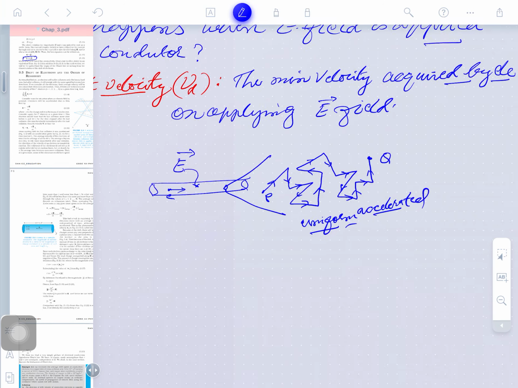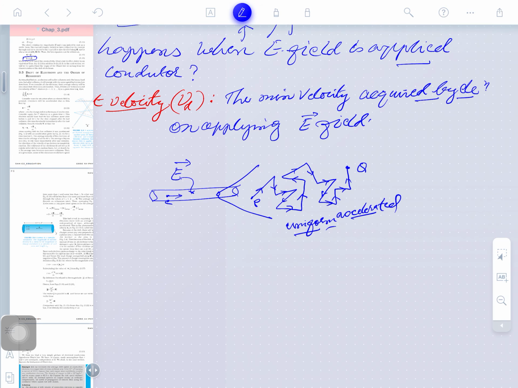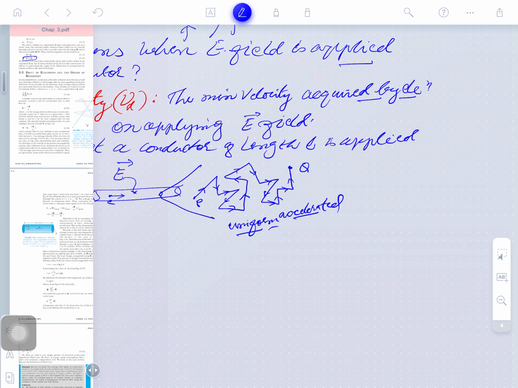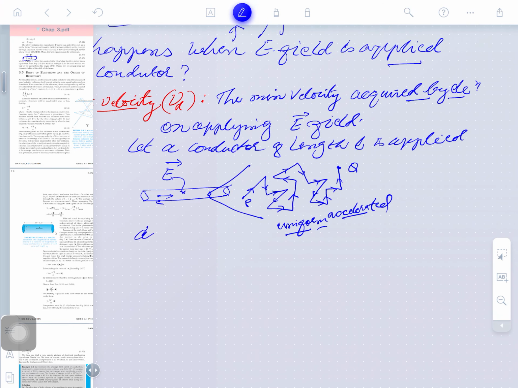So when an electric field is applied, please go on writing: let a conductor of length L be applied across it a field E. Is that clear?